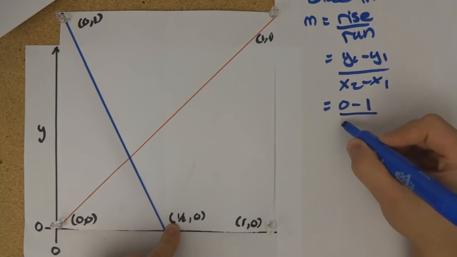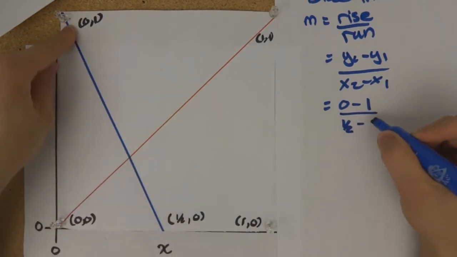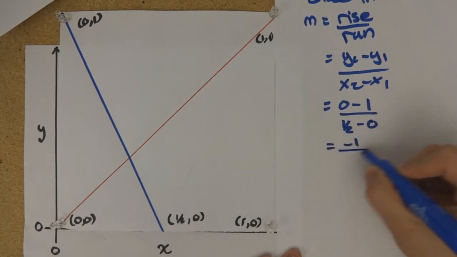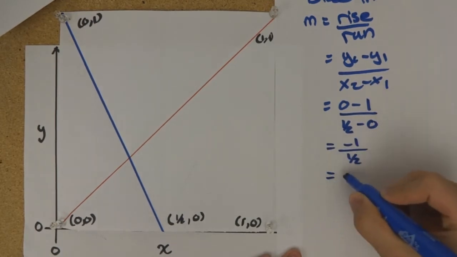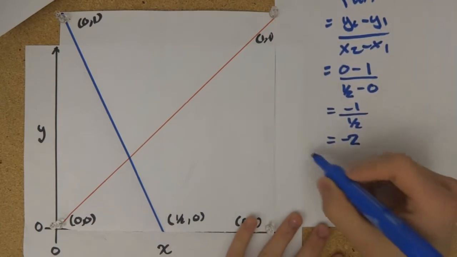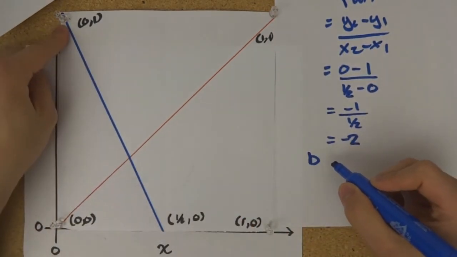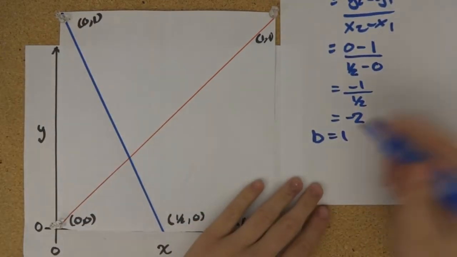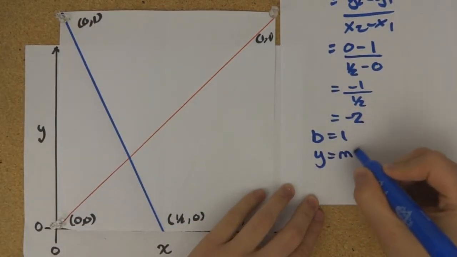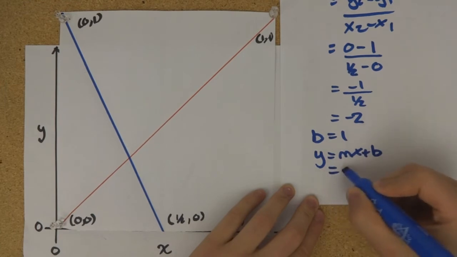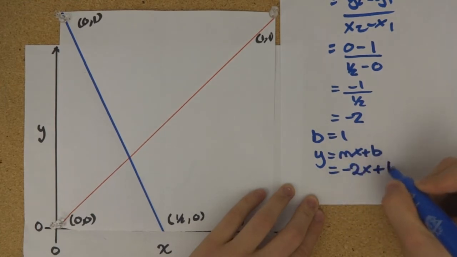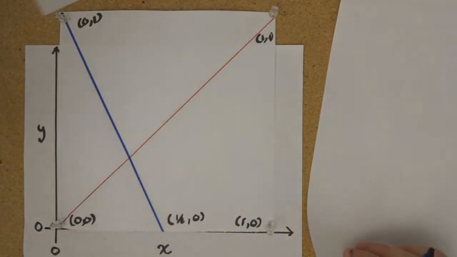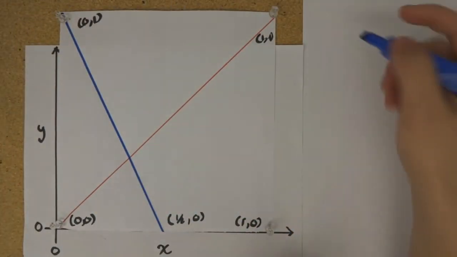Our x2 point here is a half, and our x1 point here is 0. So we get negative 1 over a half, which is equal to negative 2. And we see from our sheet of paper that our intercept is 1. So b equals 1. And our equation, y equals mx plus b, is therefore just negative 2x plus 1. That's all it is.